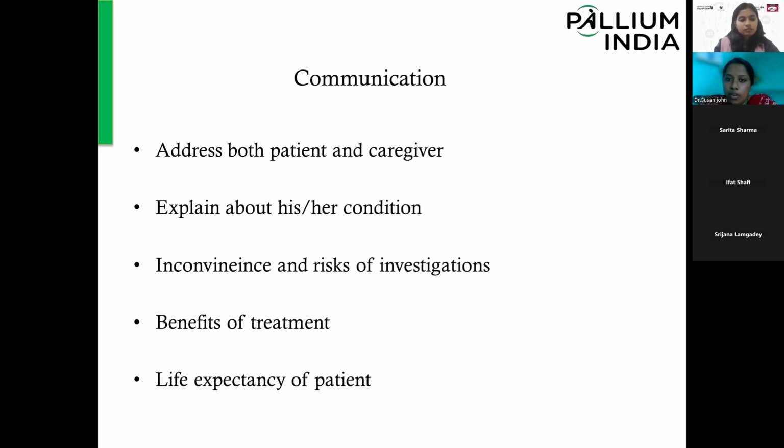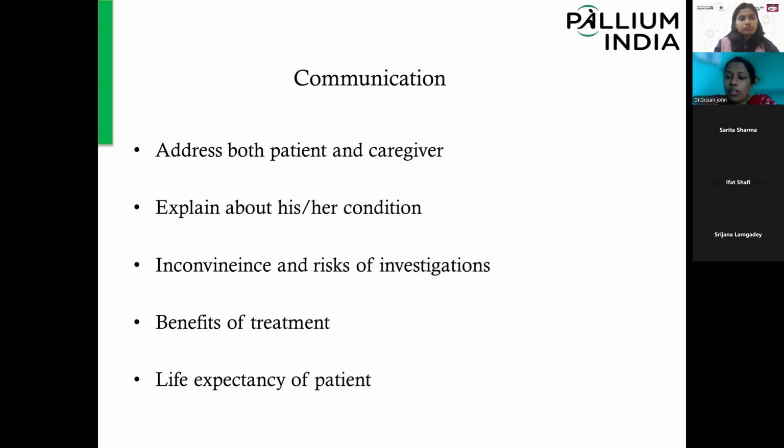You have to communicate to the family members why we are not doing this investigation, what the benefits of treatment are, the life expectancy, the risks, and the prognosis of this disease. That is very, very important.